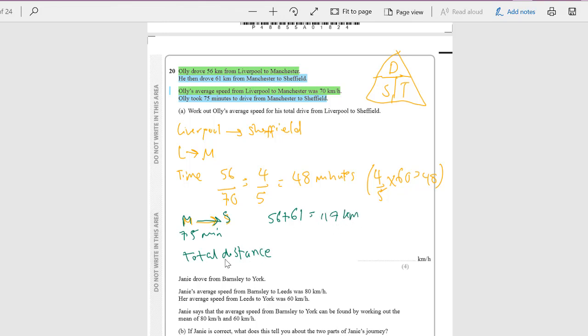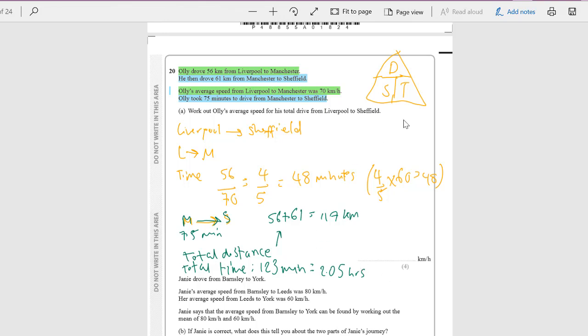And then the total time was 123 minutes, which is, you can change that to 2.05 hours.